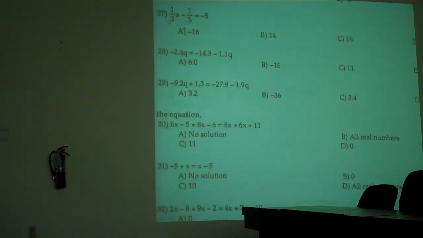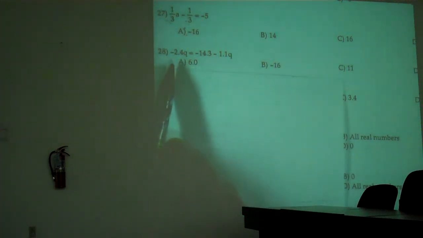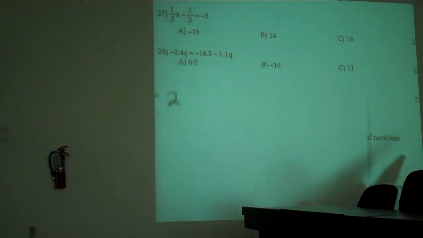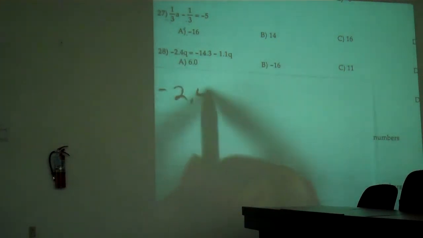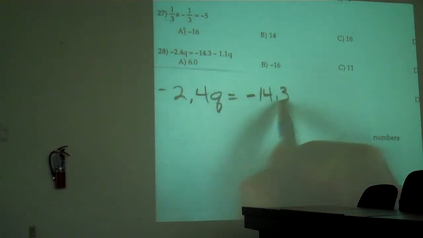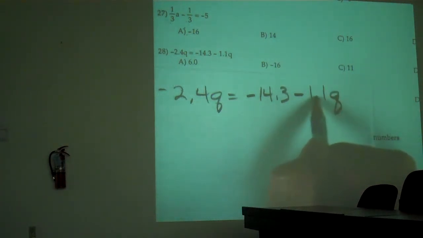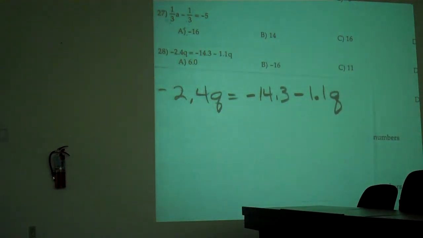And decimals, this one right here, you have negative 2.4 cubed. Get where we can read it. Negative 2.4 cubed equals negative 14.3 minus 1.1 cubed. We don't have any parentheses. We don't have anything that is like terms.